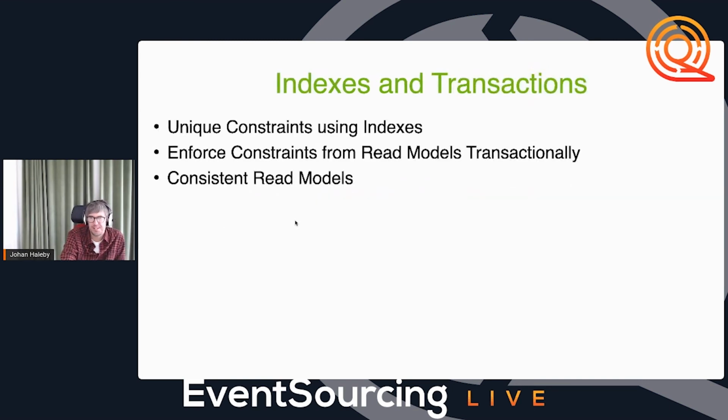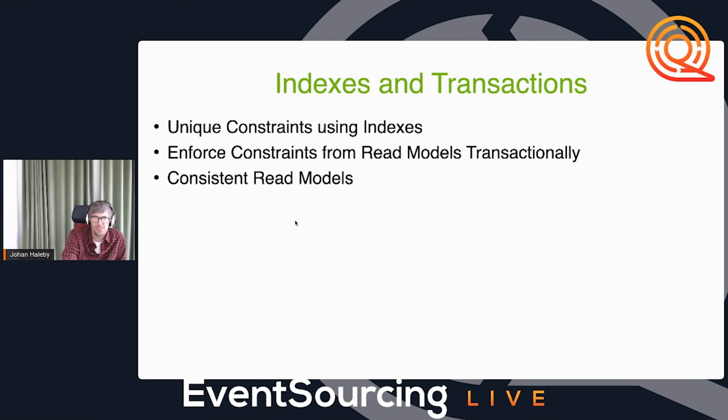And we're getting close to the end here, but just bear with me a couple more slides. So you can also use indexes in MongoDB to create something like unique indexes, which can be quite useful. So, for example, if I have a constraint that a person can only have one email address or something, then you can enforce that with indexes if you want to.